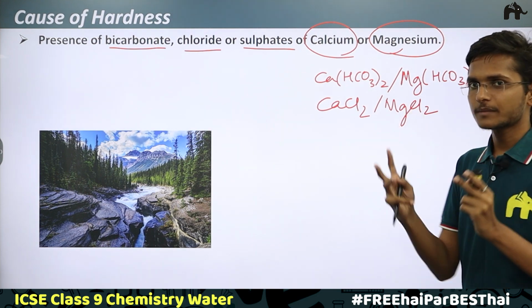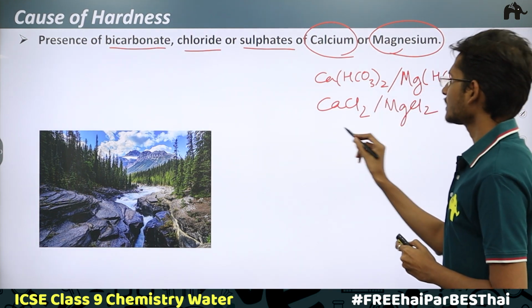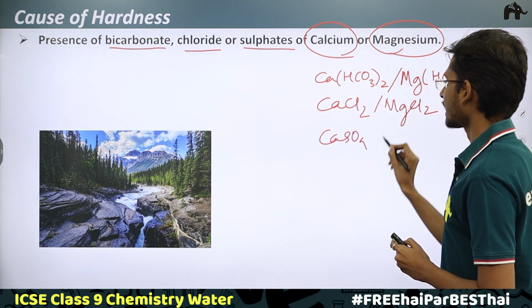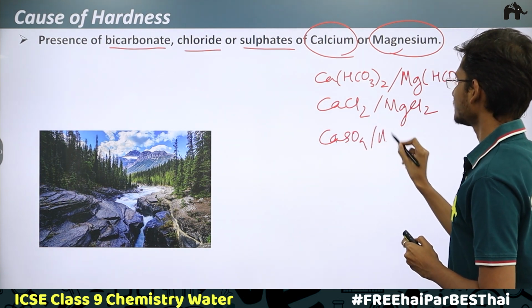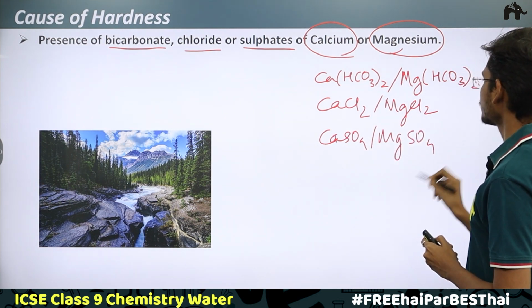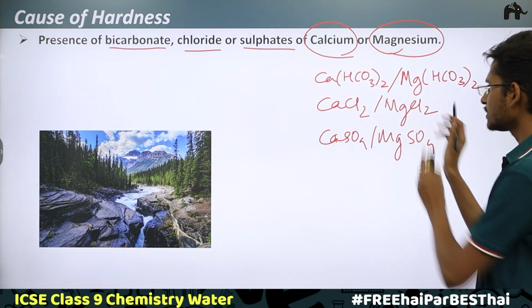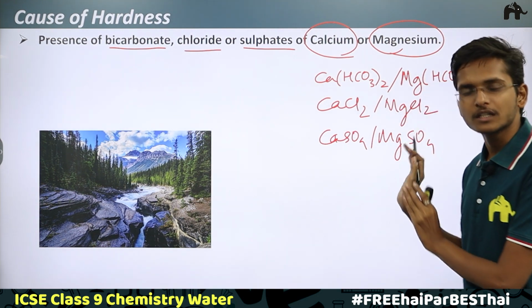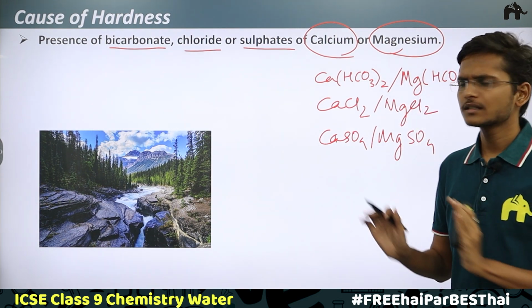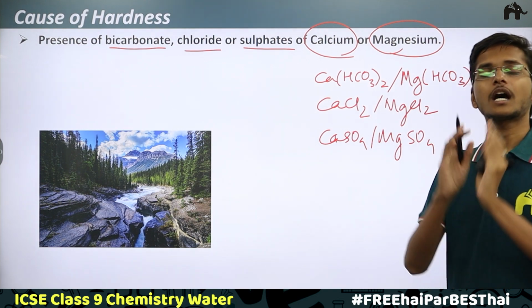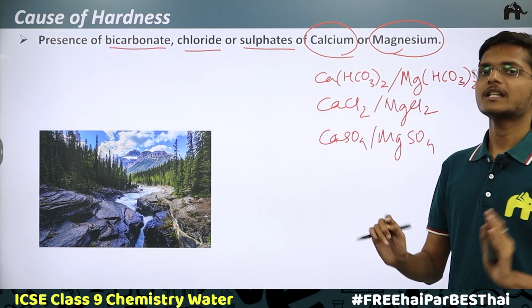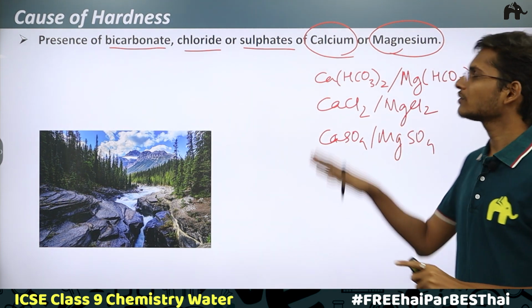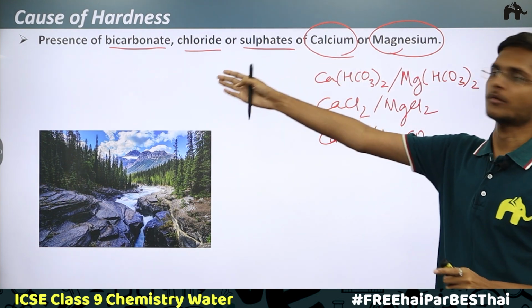Try to understand what I'm saying. And then the next two are calcium sulfate and magnesium sulfate. So out of these 6 salts which I have written here, if any of these salts is present in our water, then this means that our water is hard. So I have just summarized this in the form of this sentence.